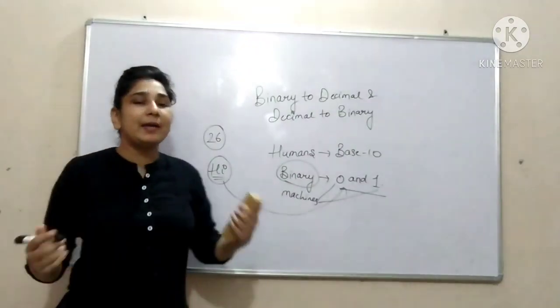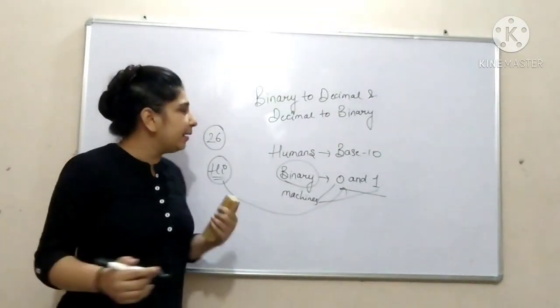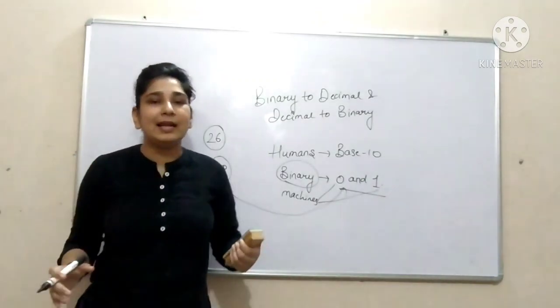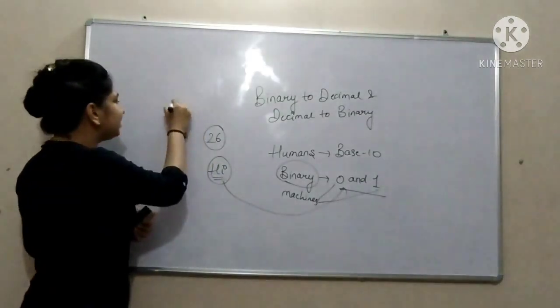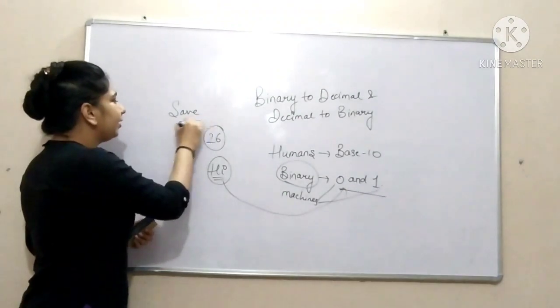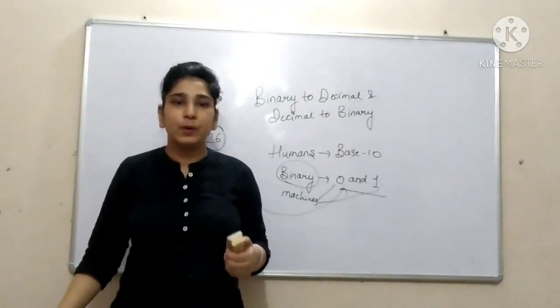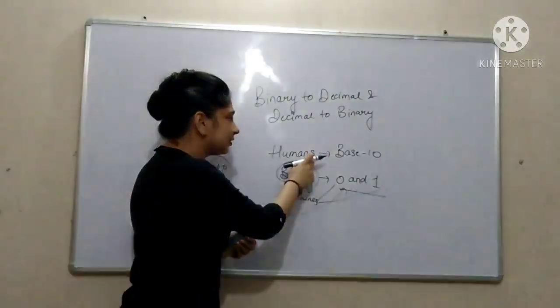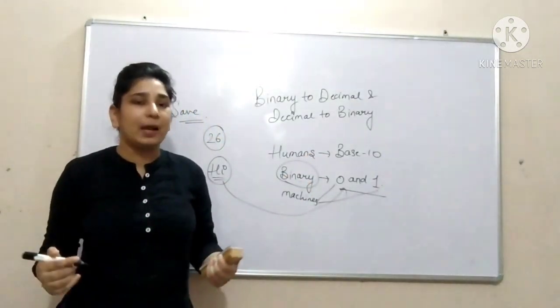Let's suppose I am writing a document, a letter on my PC. I wrote a letter and I just want to save this letter into my computer's hard disk. I have written the letter in a decimal language, the human understandable language.